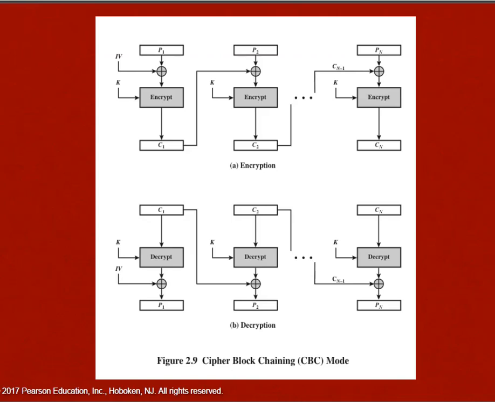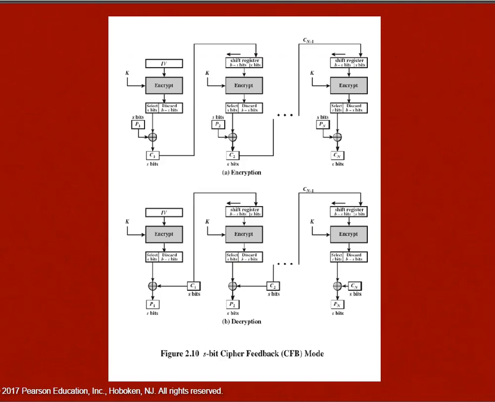One reason for protecting the IV: if an opponent is able to fool the receiver into using a different value for IV, then the opponent is able to invert selected bits in the first block of the plaintext. If the attacker can convince the receiver to do that, then they can get this information, right? So it must be secure as well.